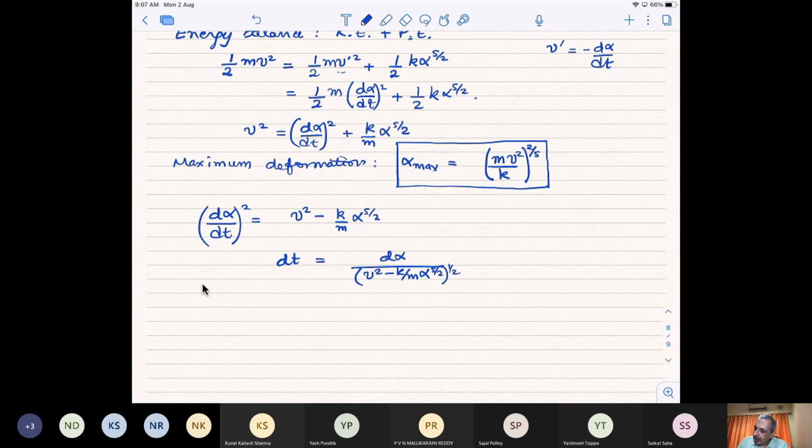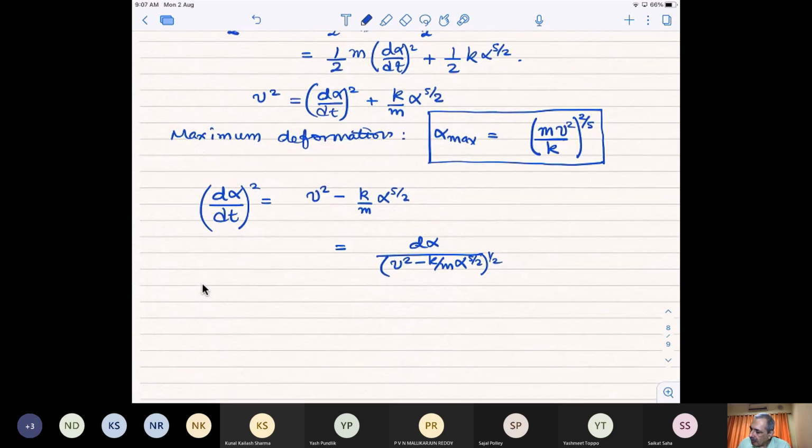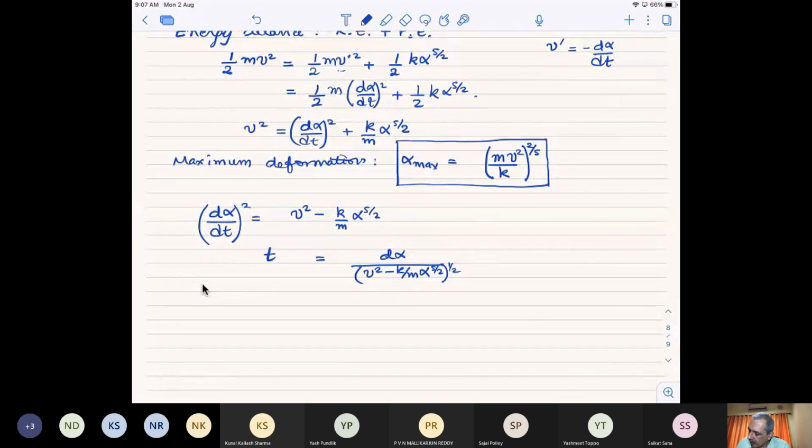And now if you want to find out what is the time of collision, then I can just do the integral from 0 to alpha max and then multiply that by 2. And so that will give me the time for collision.